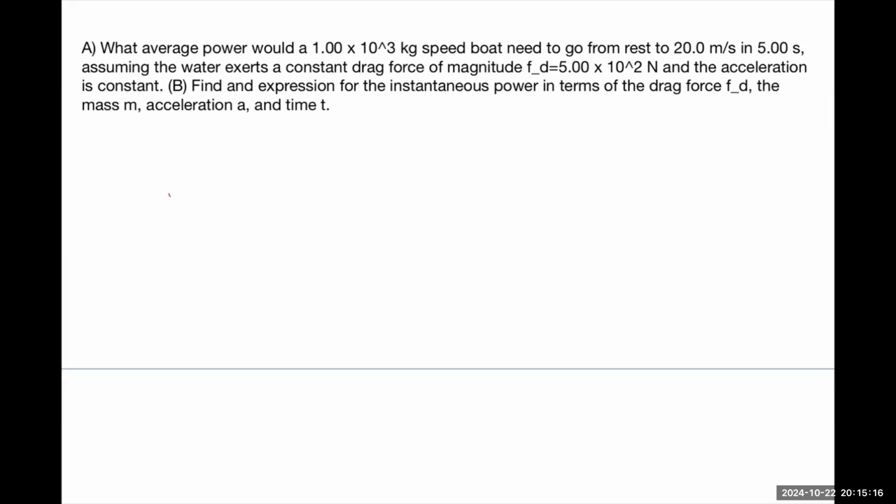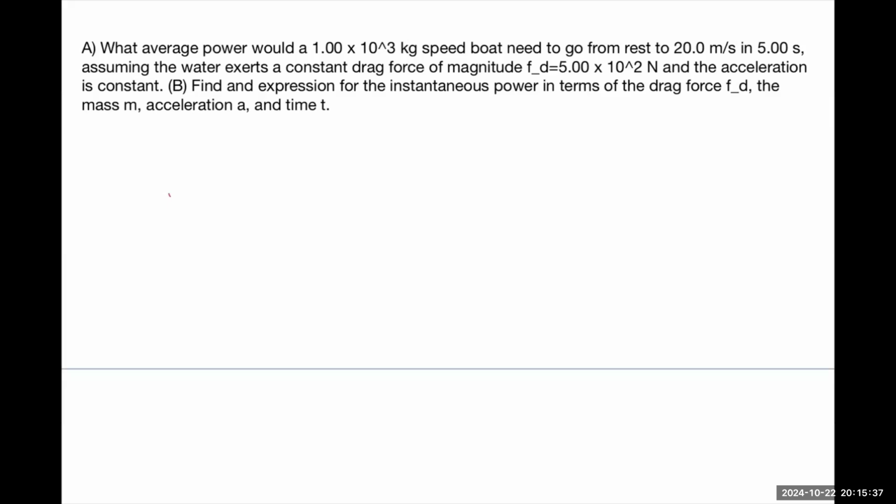Time equals 5.00 second. And drag force is 5.00 times 10 to the 2 Newton.